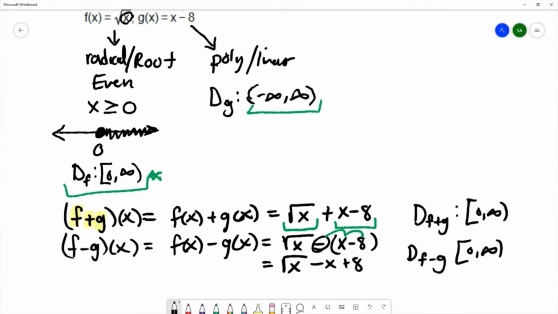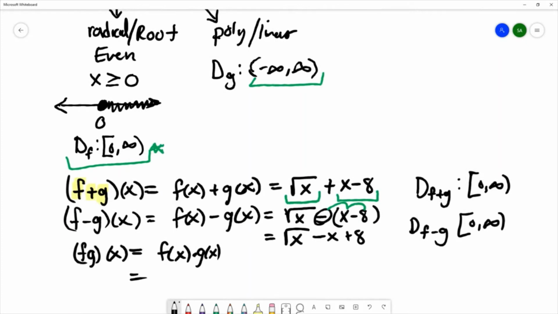So now we'll find f times g of x. That's f of x times g of x. F of x is square root x, and g of x is x minus 8. I put parentheses around the x minus 8 to make sure that we multiply the whole functions together.